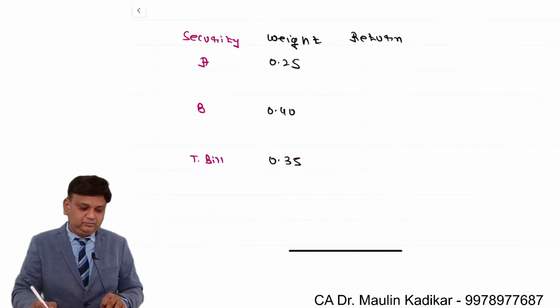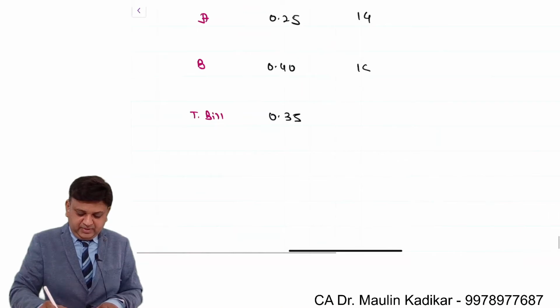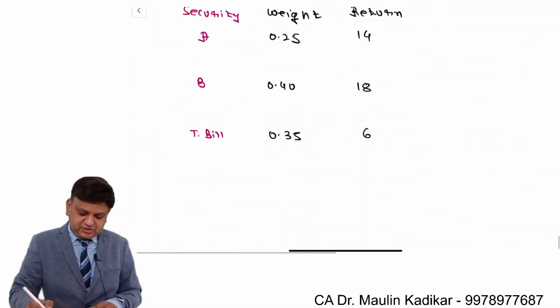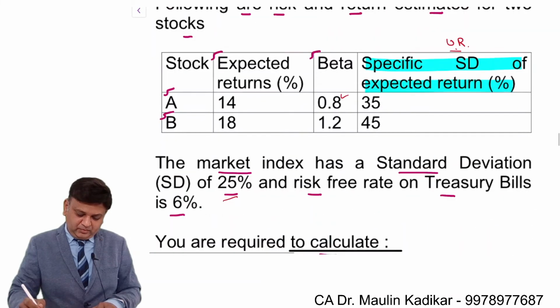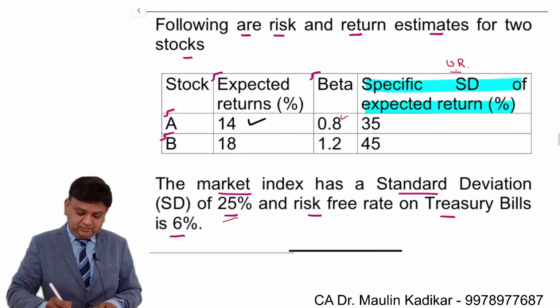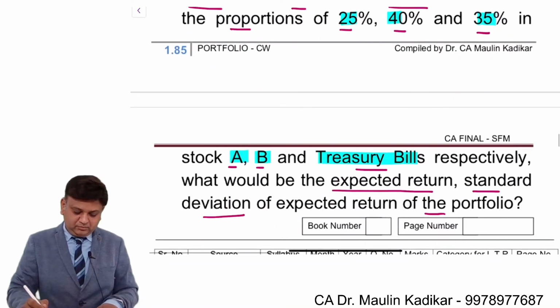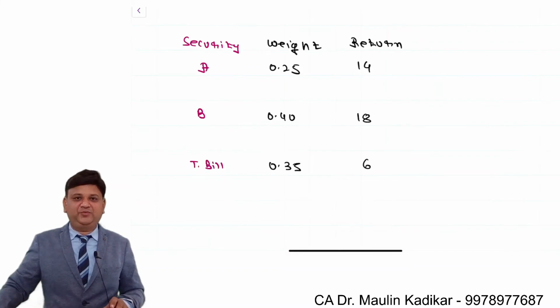Return. For A it is 14%, for B 18% and for risk-free it is 6%. Okay. The returns are given as 14, 18 and 6. So using that, we are required to compute the return of the portfolio.